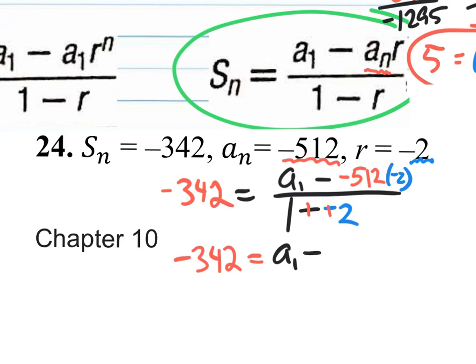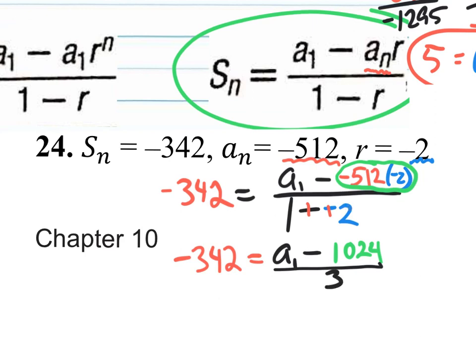That's a minus sign right there. And this negative 512 times negative 2 becomes positive 1024. Okay, so what we really have is A sub 1 minus 1024. Okay, and it is still divided by 1 plus 2, which is 3.